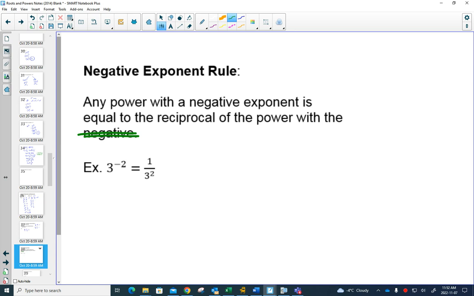Any power with a negative exponent is equal to the reciprocal of the power with the positive exponent. So if I have 7 to the negative 3, I can write that as 1/7 to the 3.